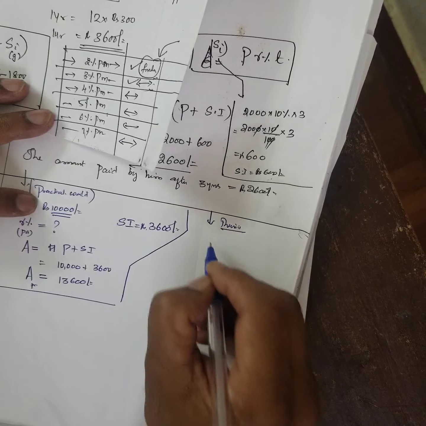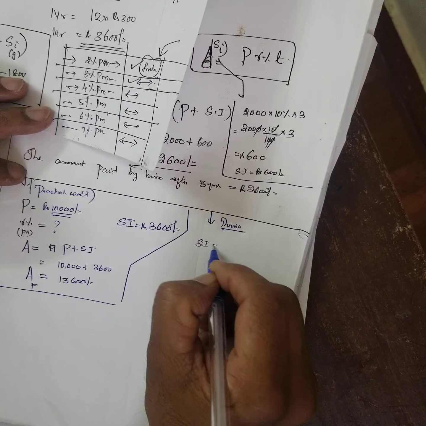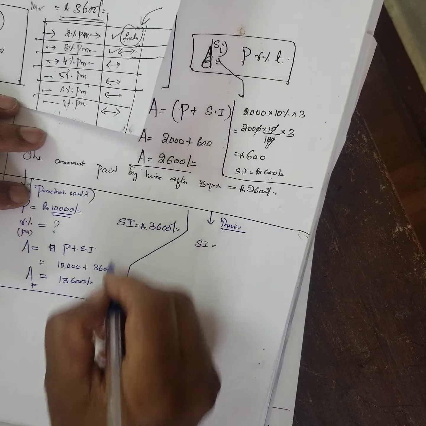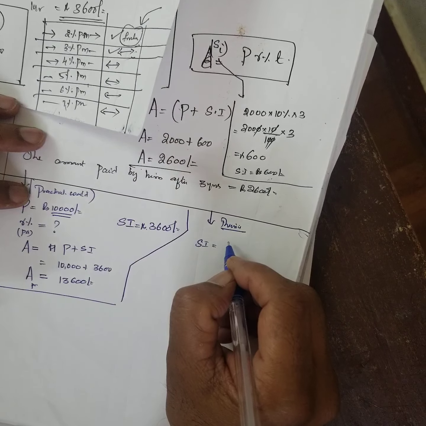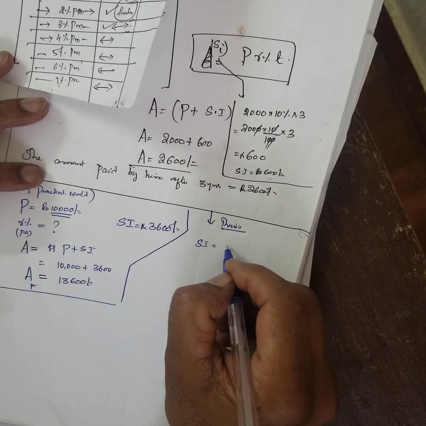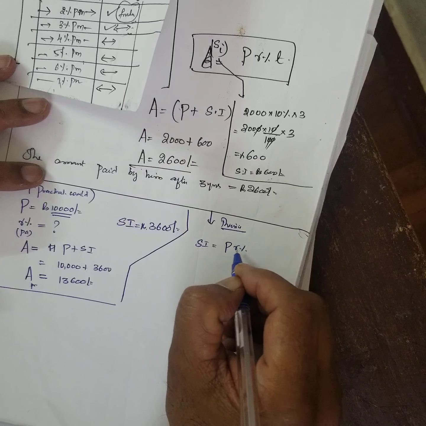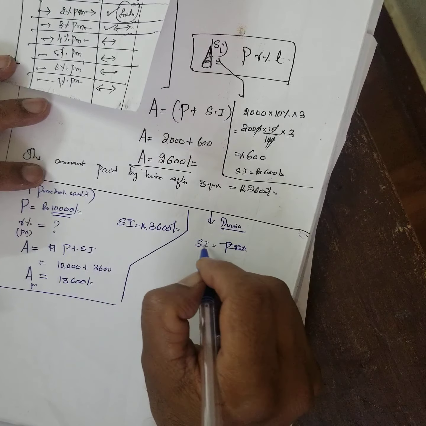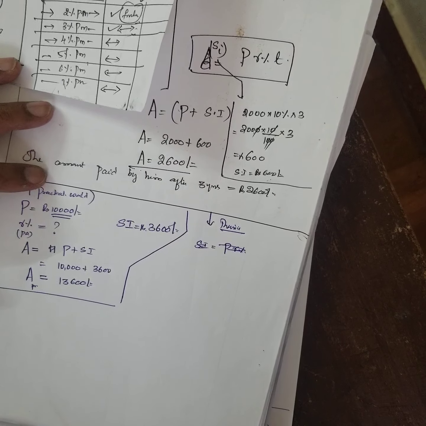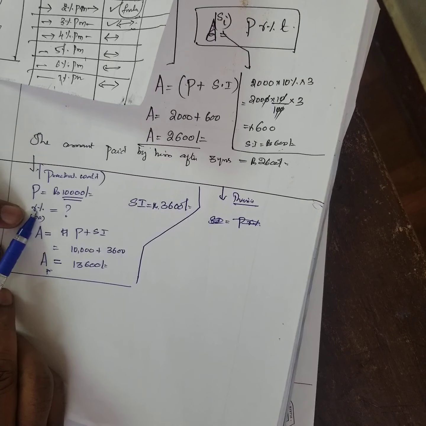Theoretically speaking, simple interest is equal to principal, rate of interest, time. This is for 1 year, I'm talking about 1 year. Now here, what is the rate of interest we are going to calculate per year?